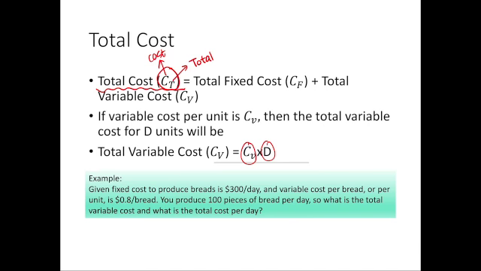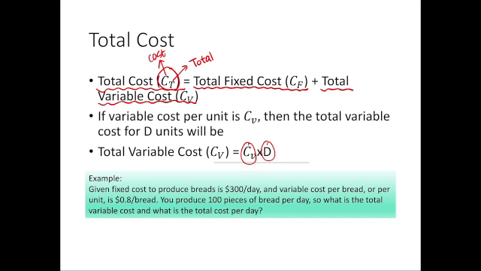You just need to write this symbol, CT. Okay? And so CT, total cost, equals total fixed cost plus total variable cost. Remember that we have learned the fixed cost and the variable cost, right? So the total cost should be the sum of these two.